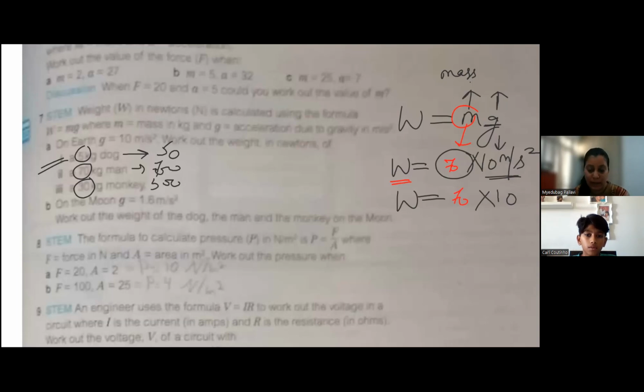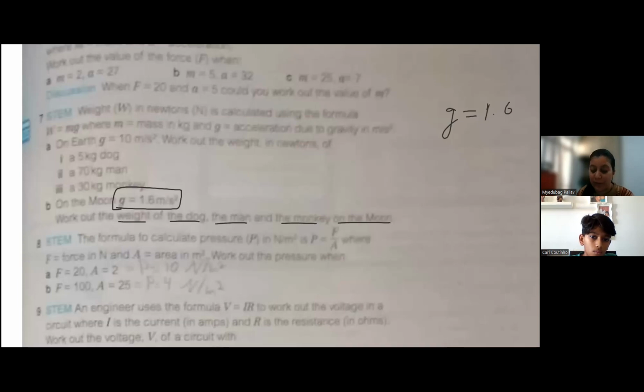Then in the B part, on the moon the value of g changes. On the moon, as I told you, the gravitation is much weaker, so the value of g is just 1.6 meter per second square. This is the value of g on the moon, 1.6. So for this, work out the weight of the dog, the man and the monkey on the moon.